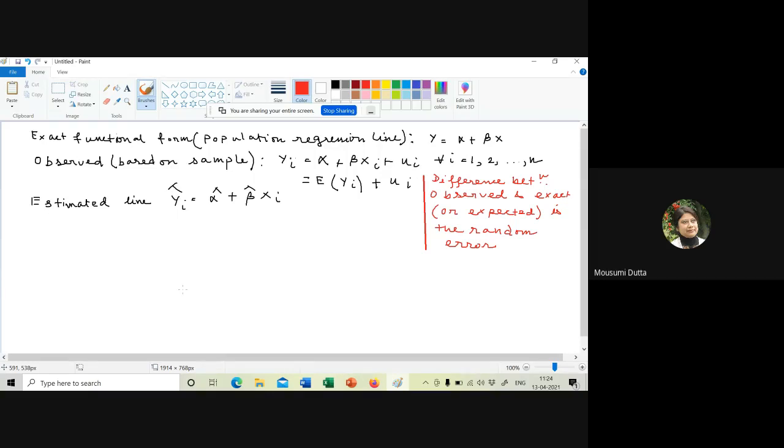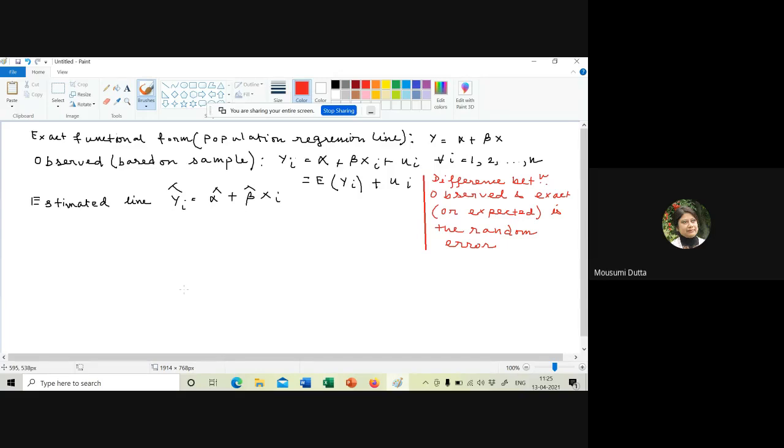Okay, so exact functional form or the population regression line, which is our starting point, is given by y is equal to alpha plus beta x. Last day I mentioned, while we are beginning with this entire thing, we are keeping the entire concept very simple, and for that matter we are considering only one explanatory variable.